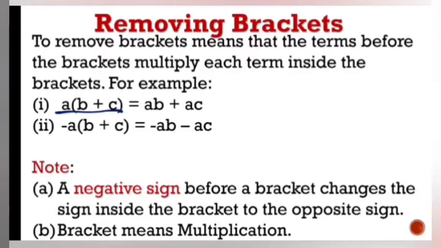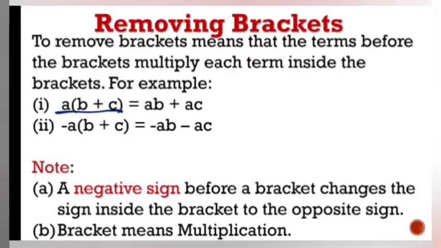Right? Now look at another one. Example 2: minus A, open bracket, B plus C. Now the minus sign outside the bracket, when it multiplies each term inside the bracket, changes all the signs inside the bracket.